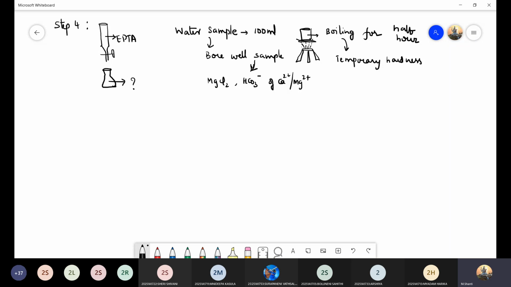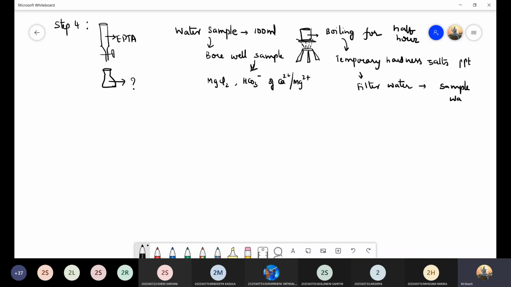So temporary hardness causing salts will be precipitated. Then you are going to filter the water, and that will be your water sample.